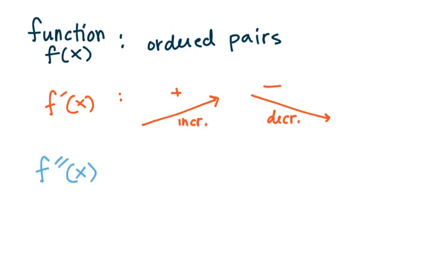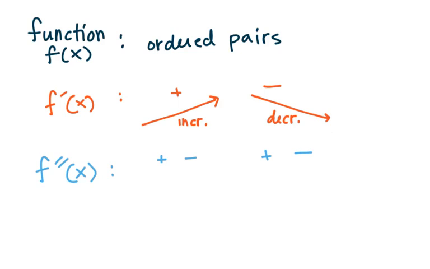What we have just said is that f double prime is going to tell us about concavity, and we have two options, positive and negative. So we could have a positive and a negative concavity on an increasing function and a positive and a negative concavity on a decreasing function.